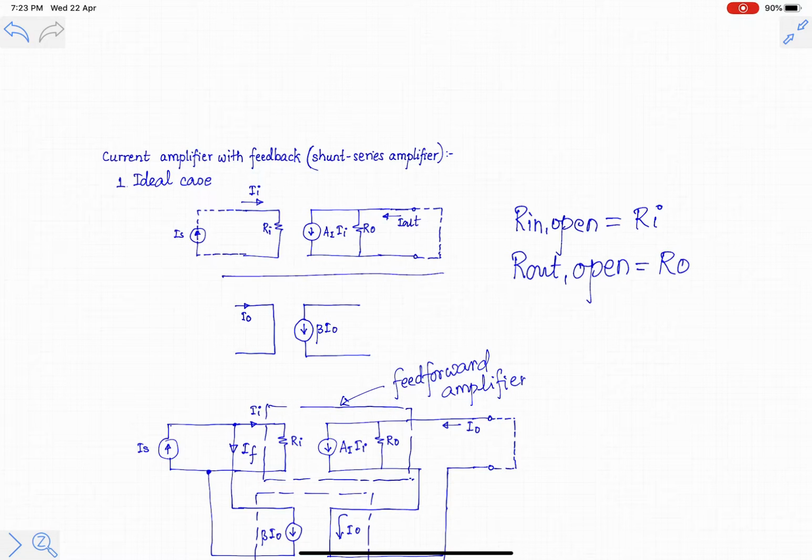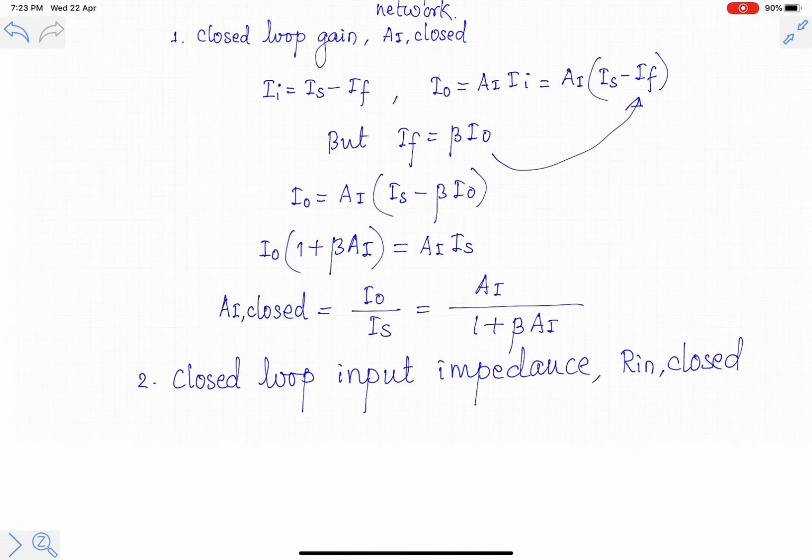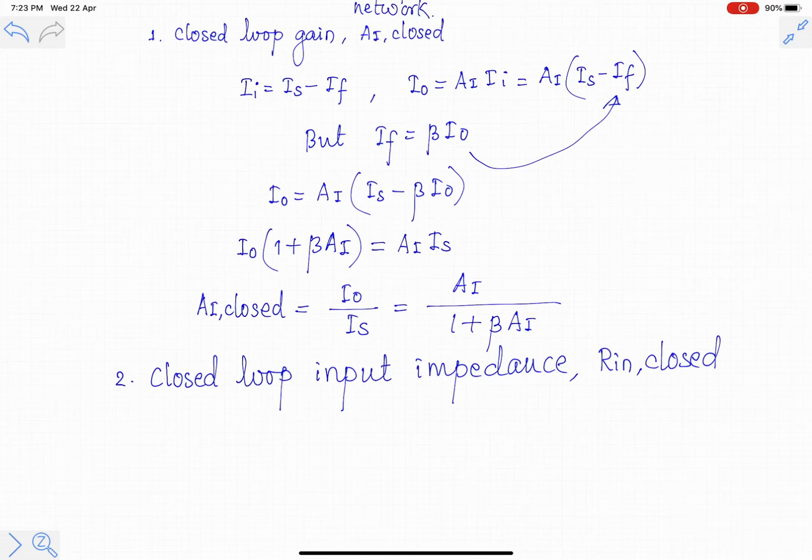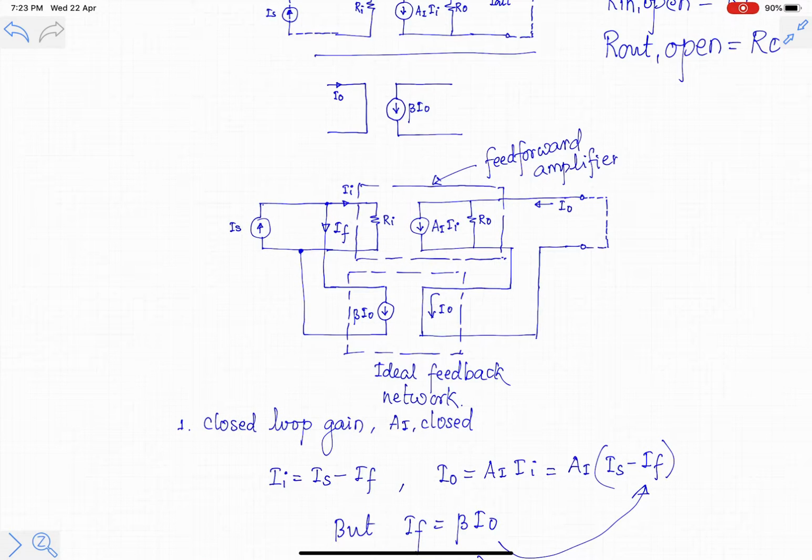Whenever there is no feedback, R in open is equal to Ri and R out open is equal to Ro. In order to find out the input impedance, we use the same procedure. We apply a known voltage source Vx here and find out the current Ix. The ratio of Vx by Ix will give us the closed loop input impedance of this circuit.